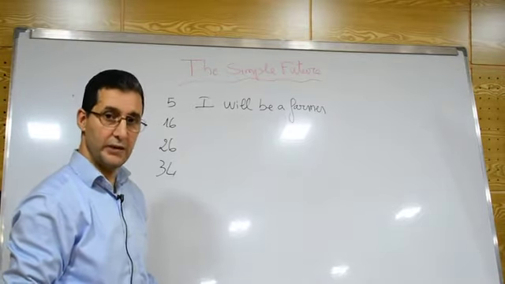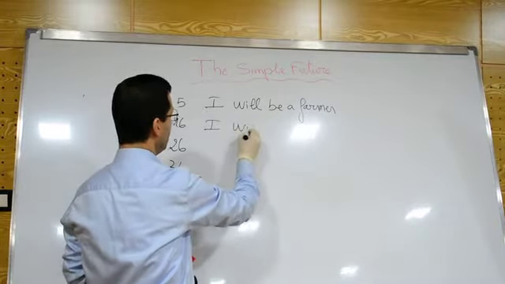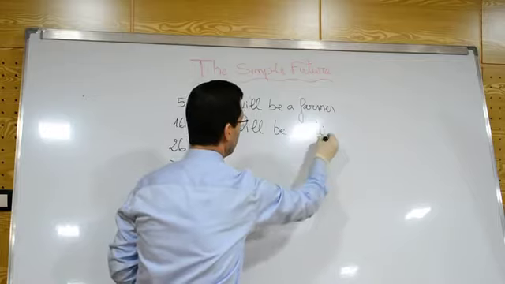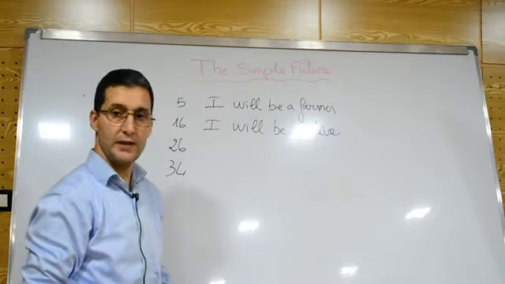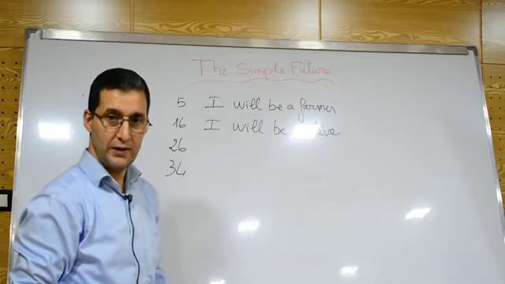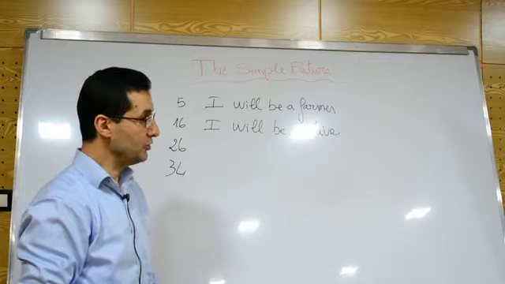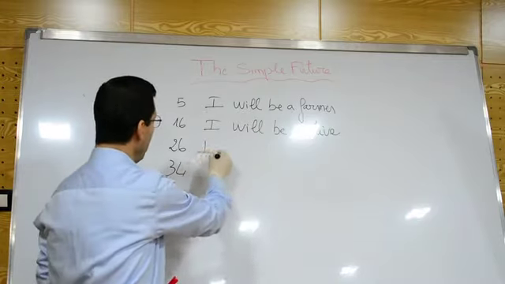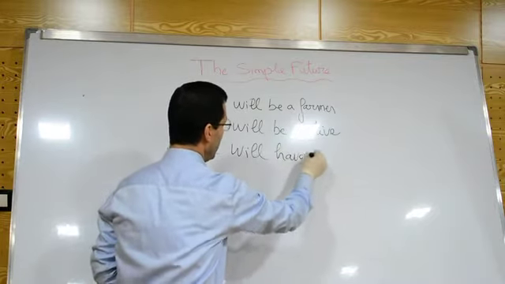Then the sentence is going to be, I will be active. Then we have the word number 26, big house. And here the verb we are going to use is not be. It's going to be the verb to have. I'm going to say, I will have a big house.